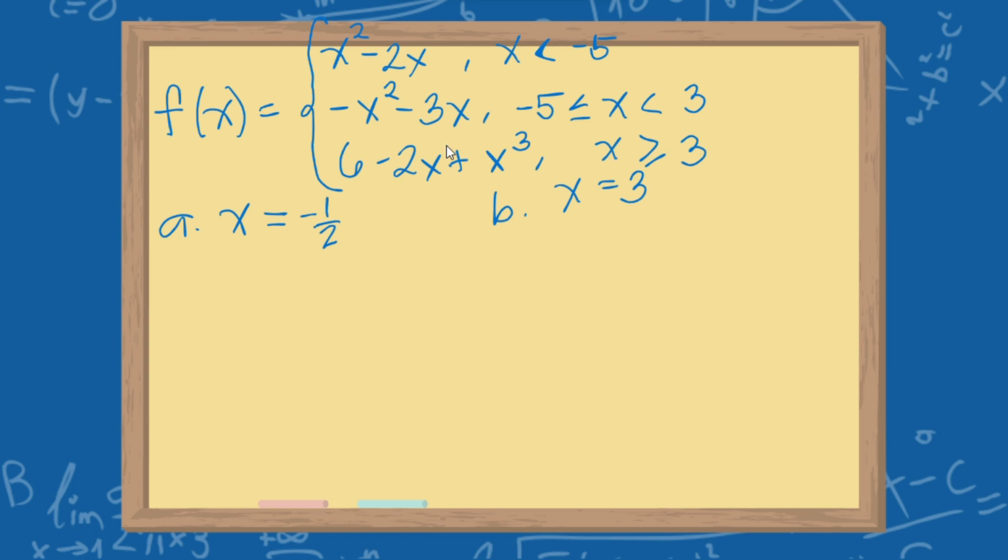If you are having a hard time identifying by using symbols only, what you can do is make a number line with these intervals. So let's say here, you'll have negative 5 and then here is 3.